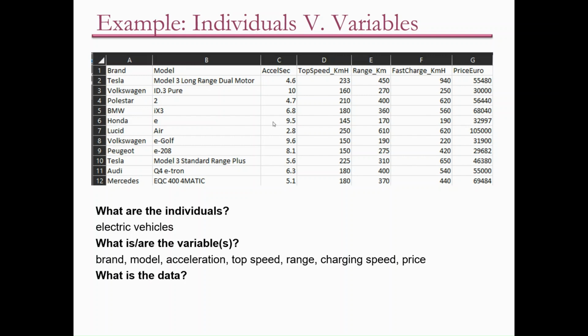The data here is all the different values that the brand took, the model took, all those different accelerations, all those different top speeds. So basically, everything in this data set, except for row one, is data.